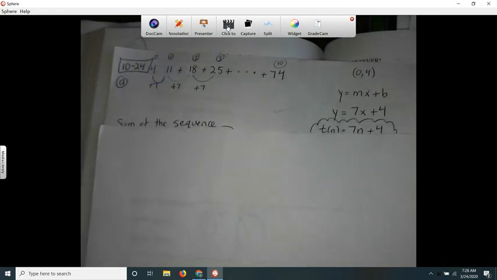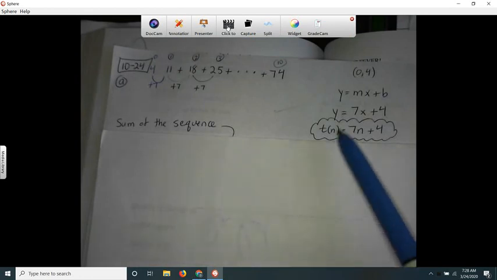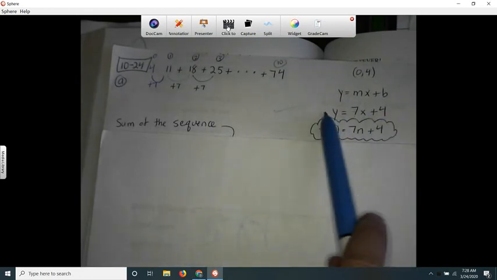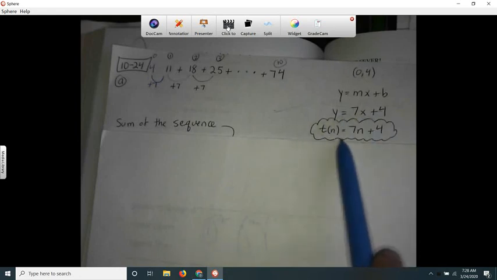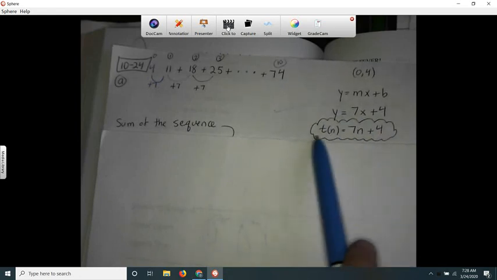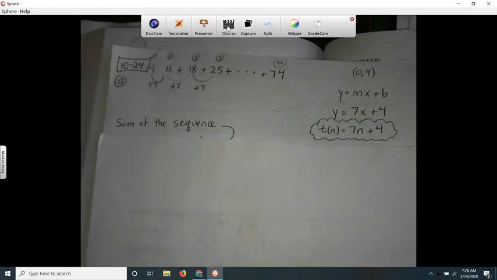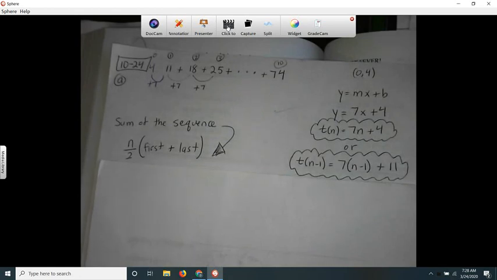oh yeah, here's another way to write it. This is how you write it if it's just a linear equation. This is how you write it, using some n's, if it's an arithmetic sequence. Here's another way to write it. You'll notice that in this one, I'm using the first term here.